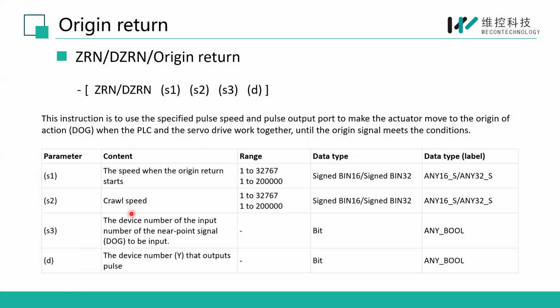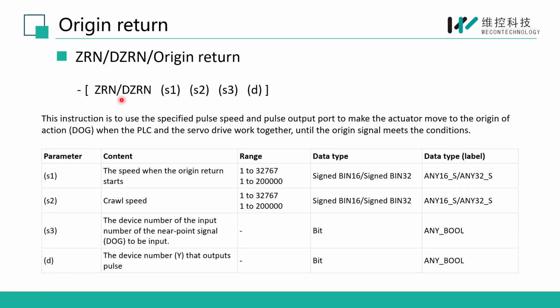And about the parameters, there are four parameters. The first one, S1, is the speed when the origin return starts, and we can see there are two ranges in here. The first range belongs to JRN, which is 1 to 32,767, and another range is 1 to 200,000, which belongs to DJRN.